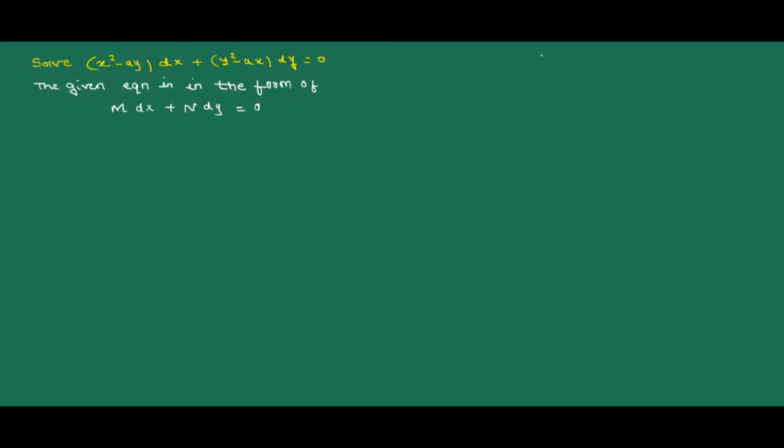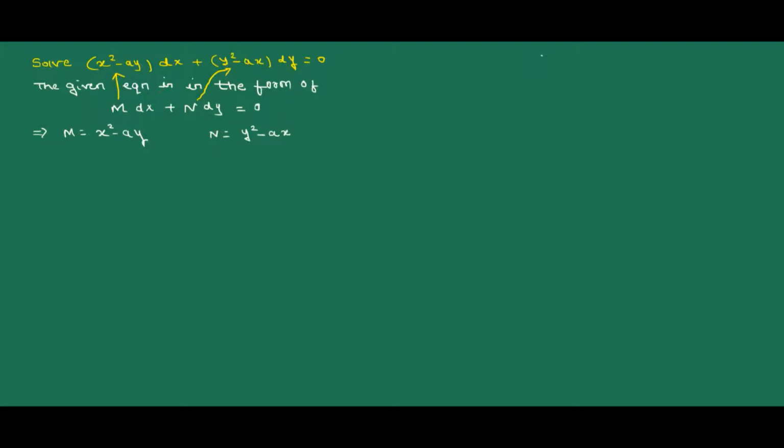If you compare, the value for M is equal to x square minus ay and the value for N is equal to y square minus ax. That implies M is equal to x square minus ay and N is equal to y square minus ax.